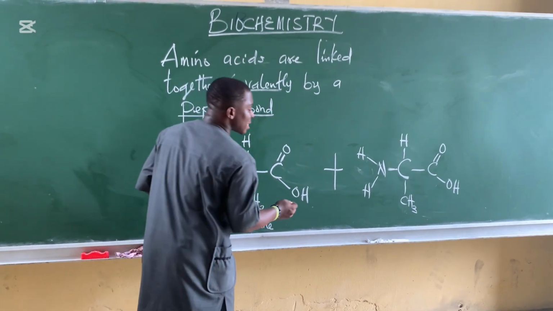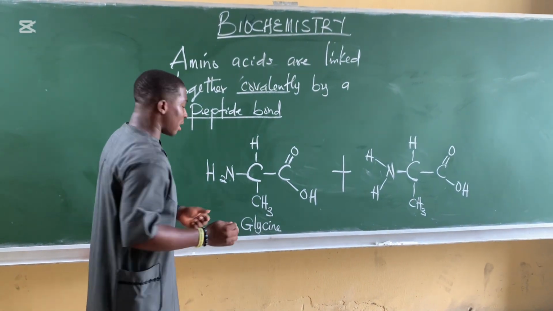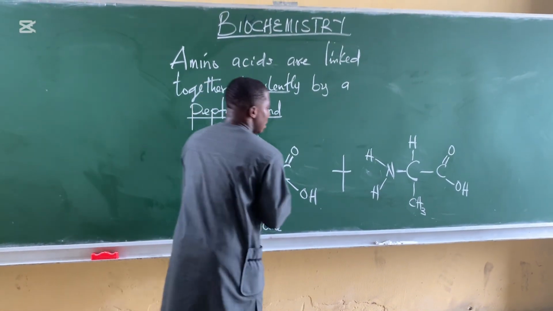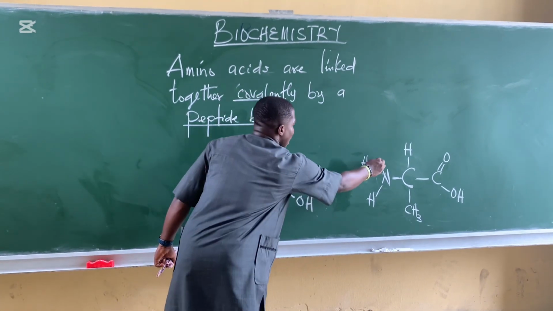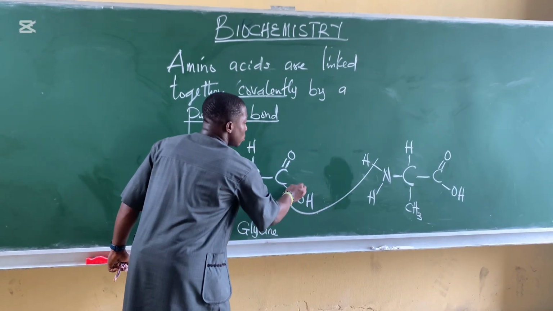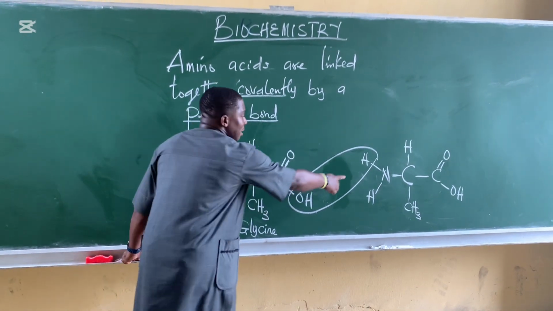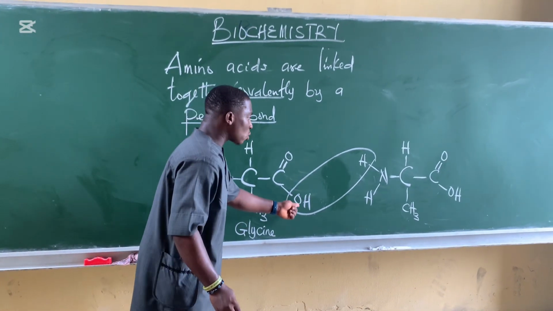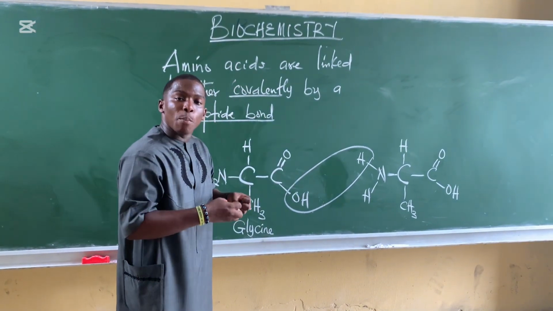There is a condensation reaction, and in a condensation reaction, there is loss of water. Here, there is loss of water between hydrogen and OH. So we are eliminating OH and hydrogen, and when we eliminate OH and hydrogen, we form a peptide bond.